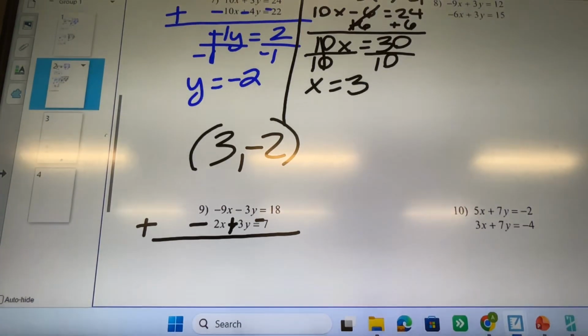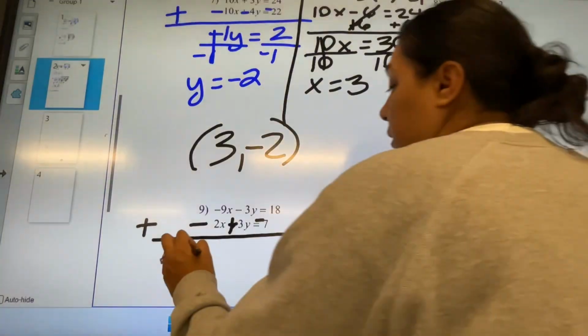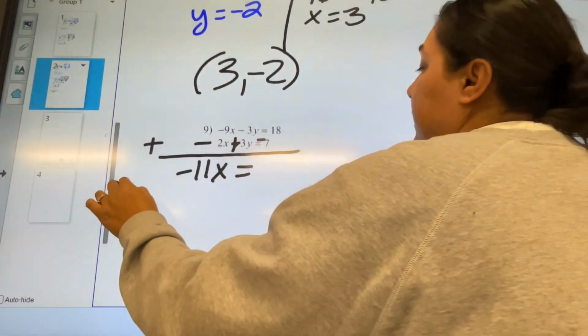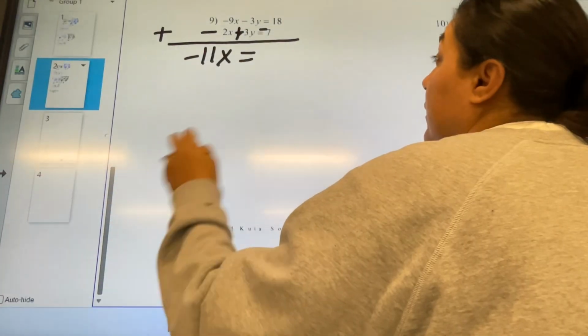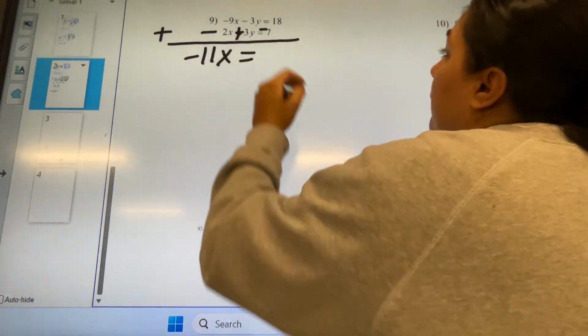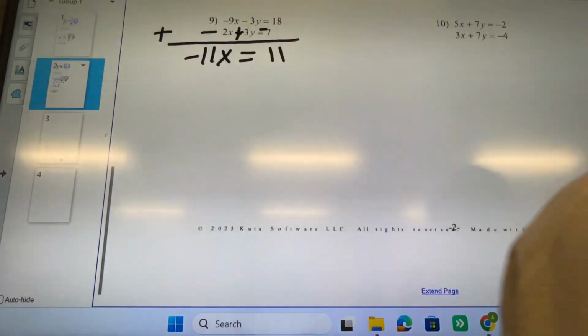Okay, -9 plus a -2 is -11x. 18 minus 7. Is that 9? No. 11. 11.